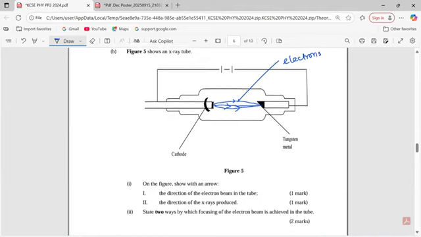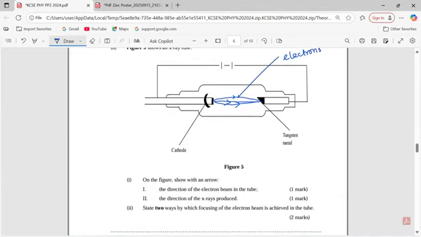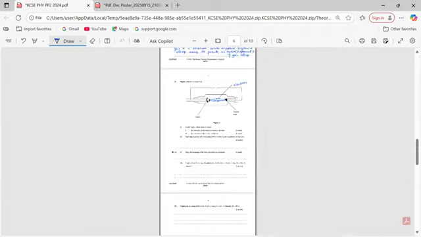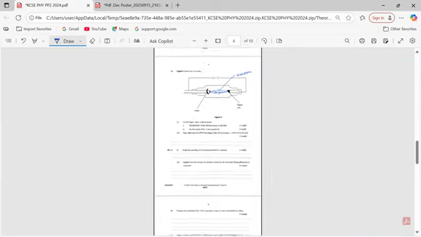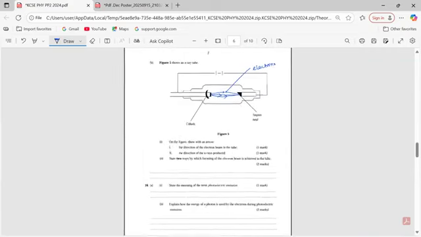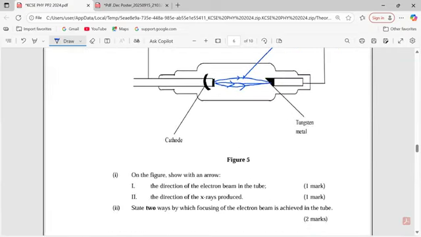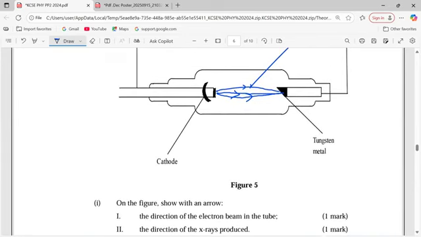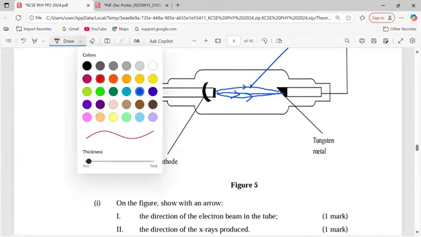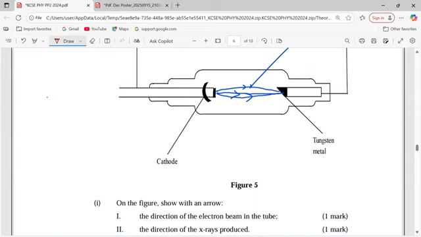Something else you're supposed to show: you see the tungsten is at an angle to ensure that once the electrons strike there, some of the energy is converted to X-rays while the rest becomes heat energy and is conducted away.